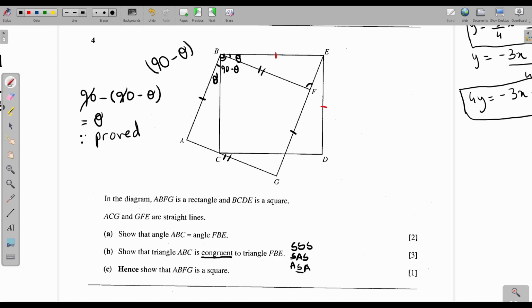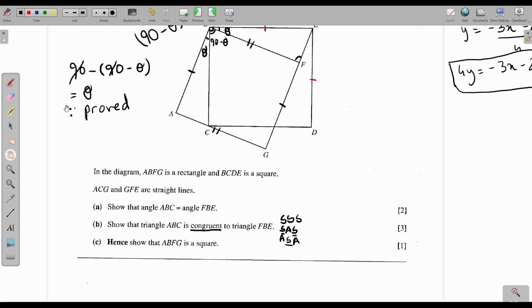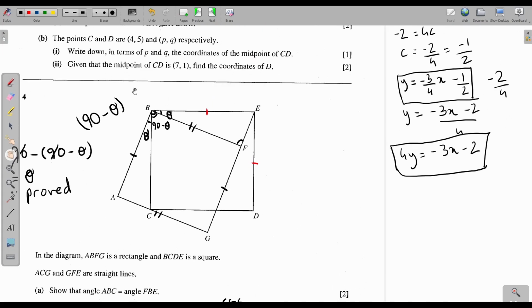So it's side, side, side, or side, angle, side, or angle, side, angle. I think the easiest would be side, angle, side, since we know that we have a theta and a theta right here. So let me just do this down here. We know that this part and this part is the same, so this side and this side are the same.